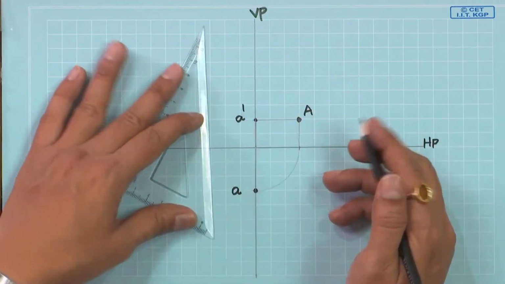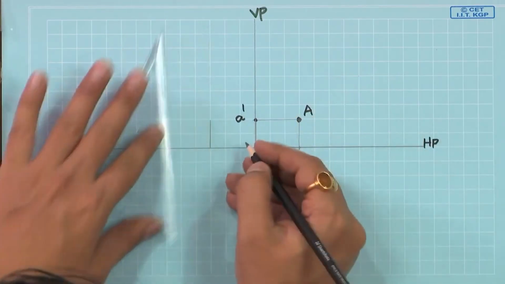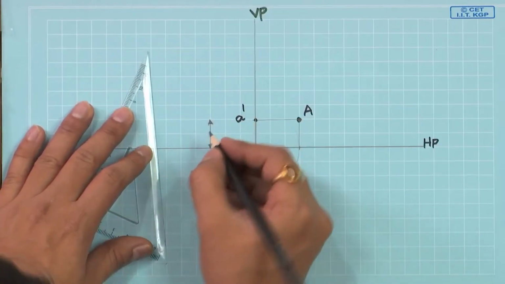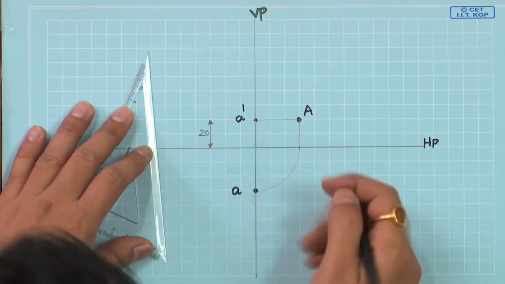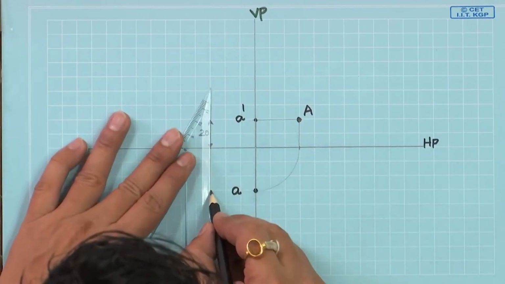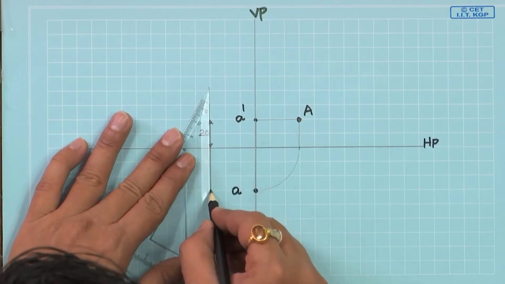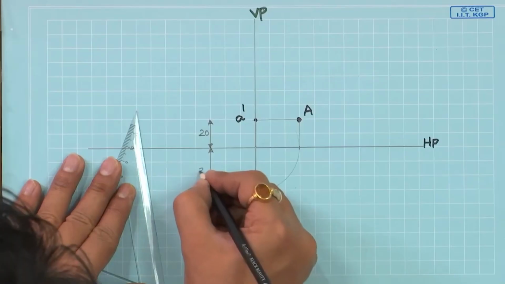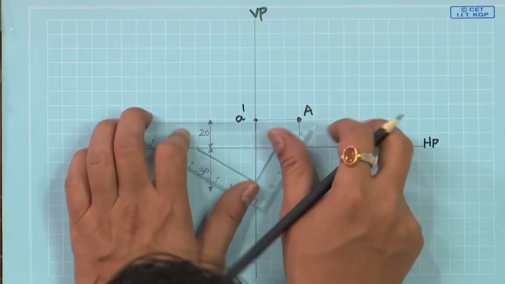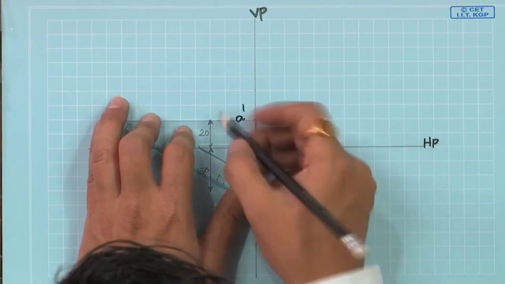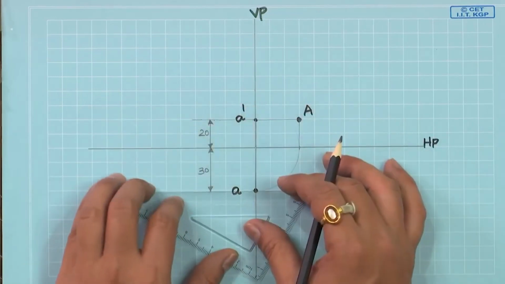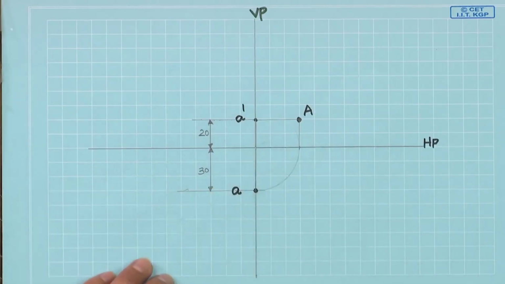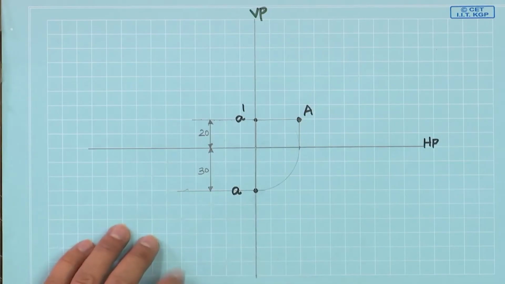And then this will be 20 units and this will be 30 units. This is the way we project a point in the first quadrant.